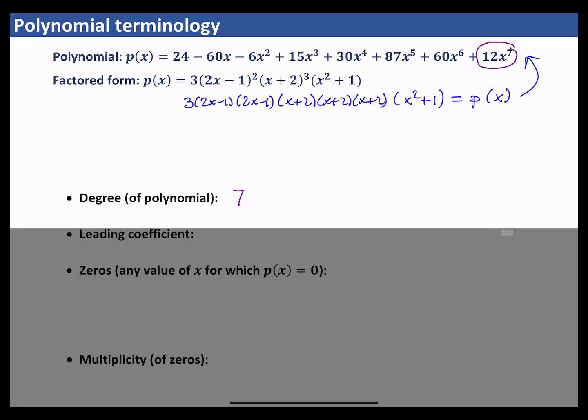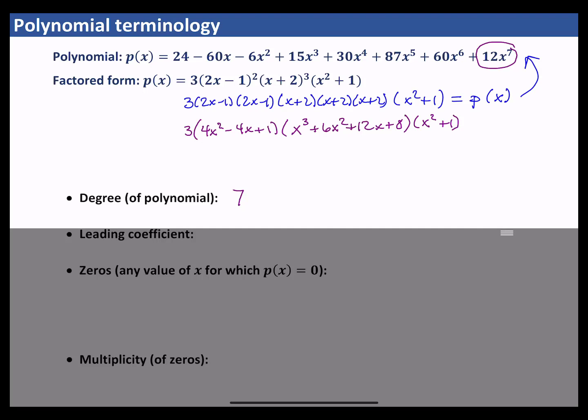when we start by multiplying the factors together, we get 3 times the quantity 4x squared minus 4x plus 1 times the quantity x cubed plus 6x squared plus 12x plus 8 times the quantity x squared plus 1.